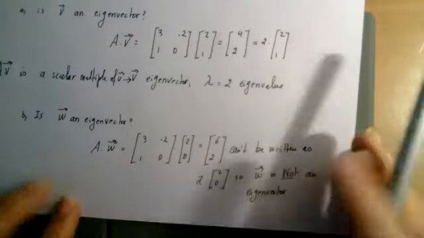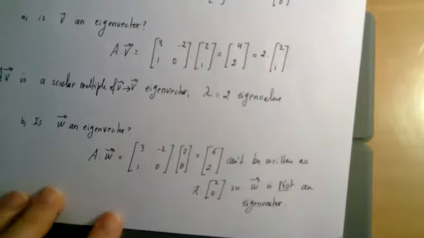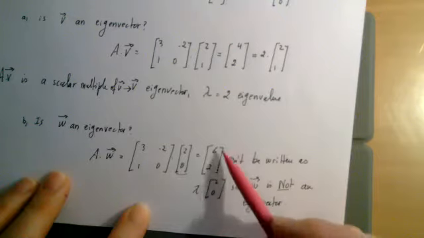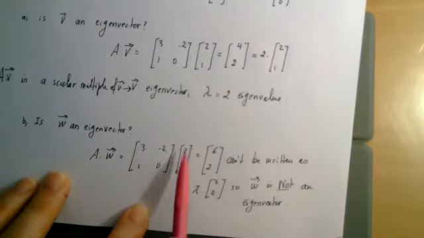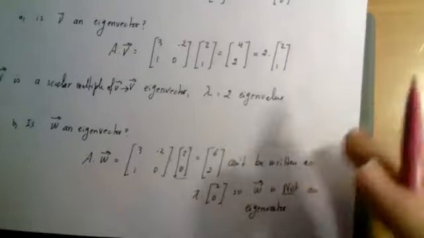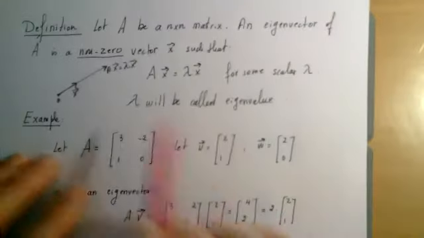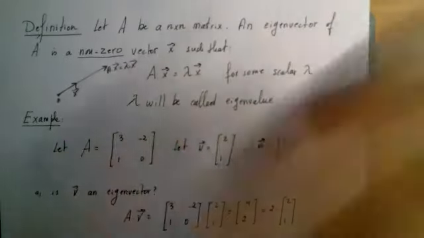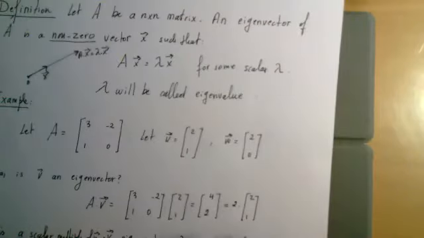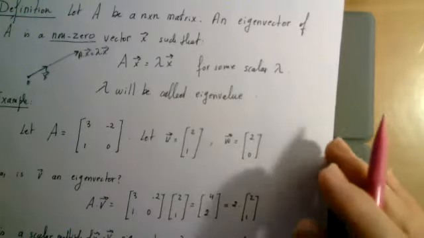I multiply it by A, and I get 6 times 2. And that cannot be written as a scalar times (2, 0). There is no way you can go from here to here by a scalar. It means W is not an eigenvector. So eigenvectors are vectors such that when A acts on them, it just scales them, it just stretches them. So it acts on them in a very simplistic way.